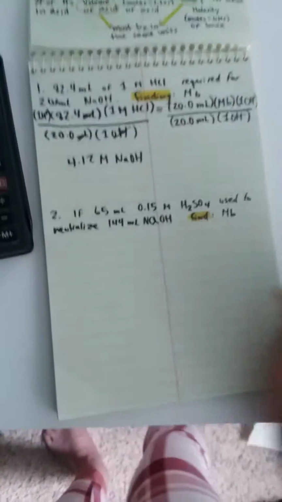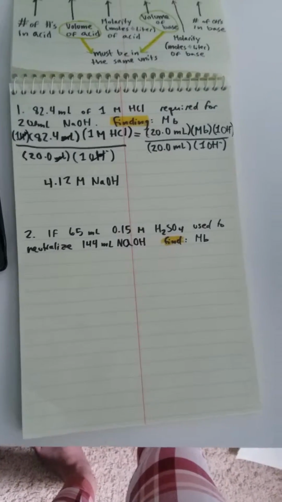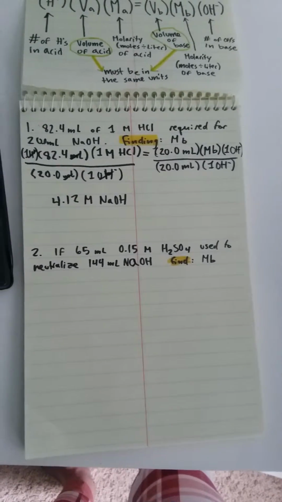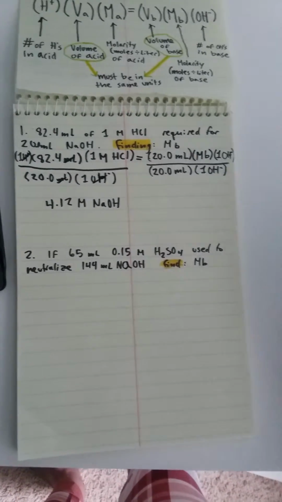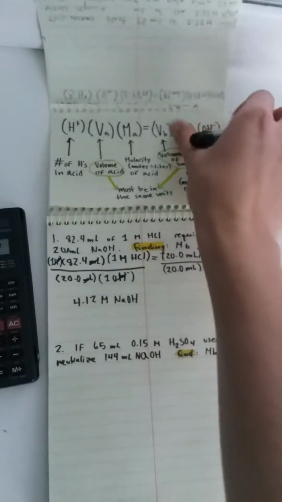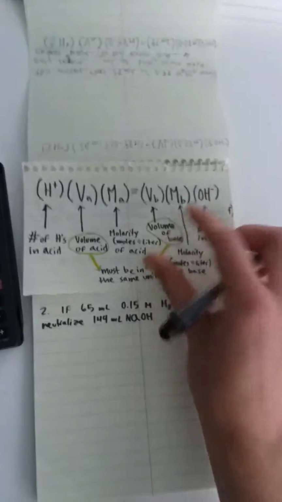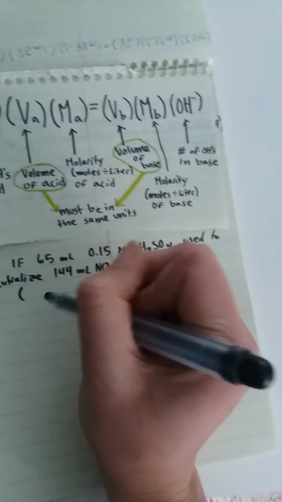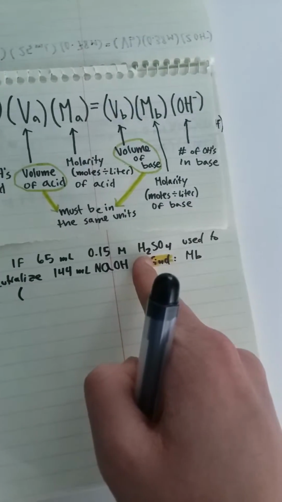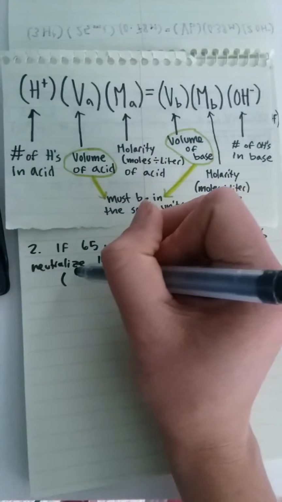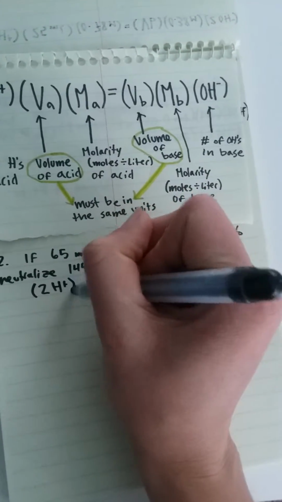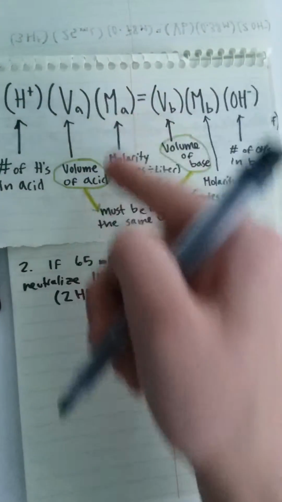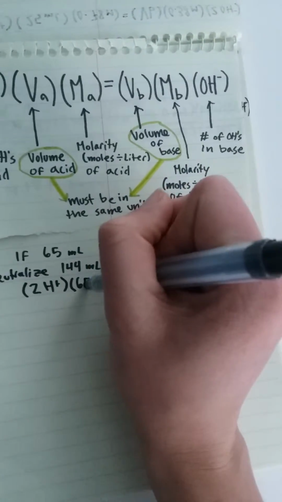That's your answer. So number 2: if 65 milliliters of 0.15 molar H2SO4 is used to neutralize 144 milliliters of NaOH. I wrote that terribly. So again, fill out all the information you have and solve for what you don't. So H2SO4, there's 2 H's, so 2 H plus. And we have our volume of acid, it's 65 milliliters.